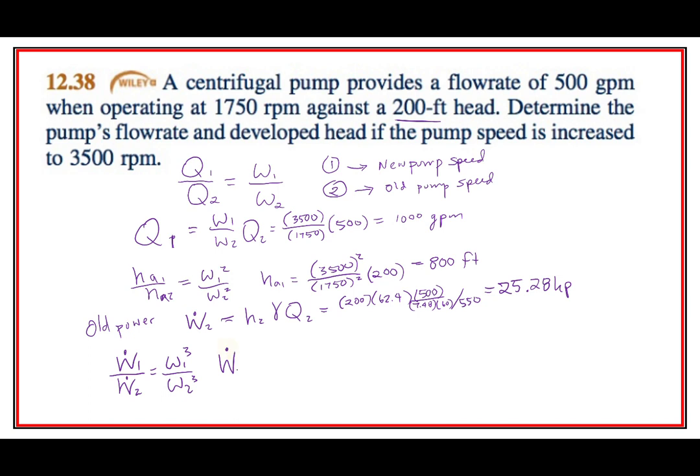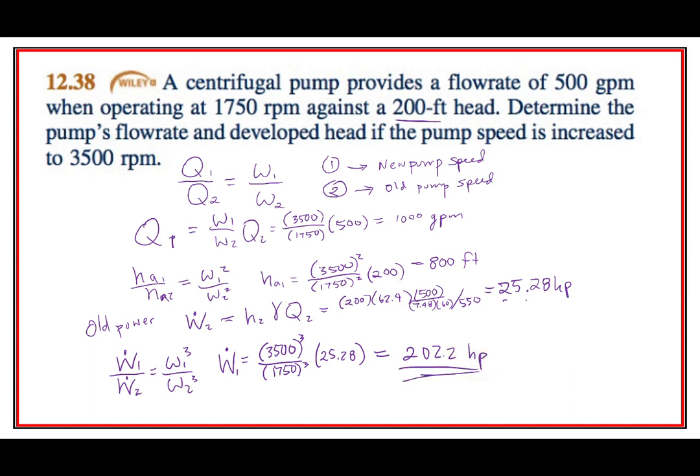So power 1, trying not to call it omega, is going to be 3,500 cubed divided by 1750 cubed times 25.28, and what we end up with is 202.2 HP.